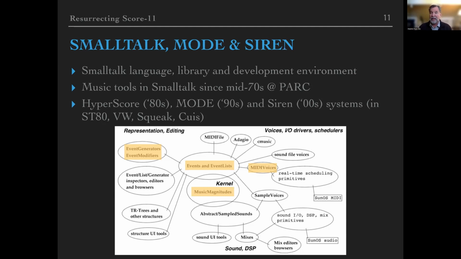So there are many voices that map, I call them parameter or property to parameter mappers. And then on the left, you see event generators and event modifiers, which is what we'll be talking about when we get into the support for Score11.